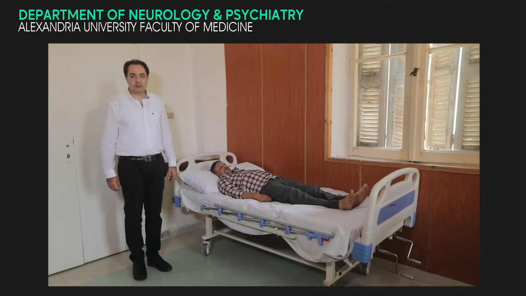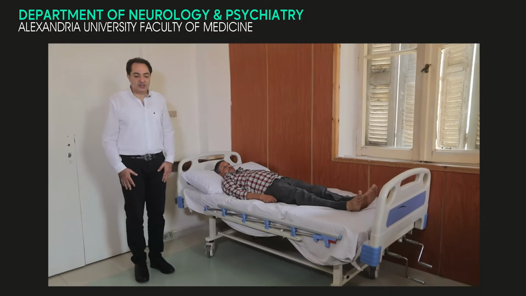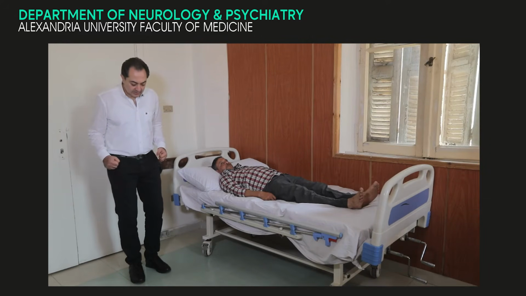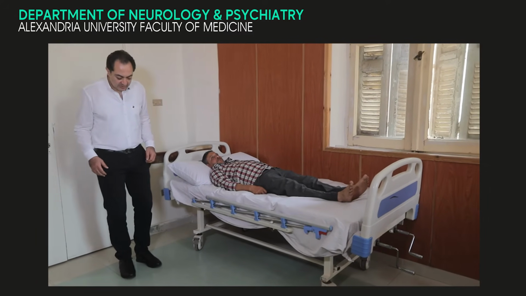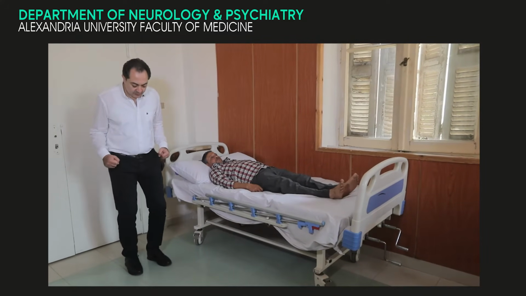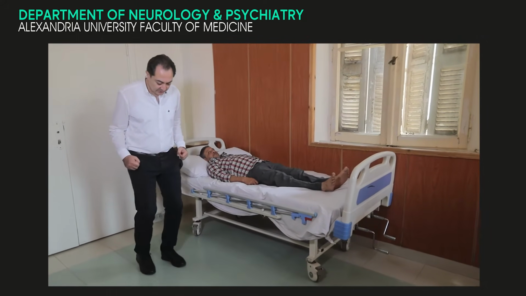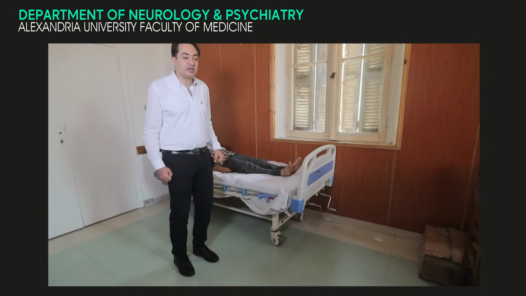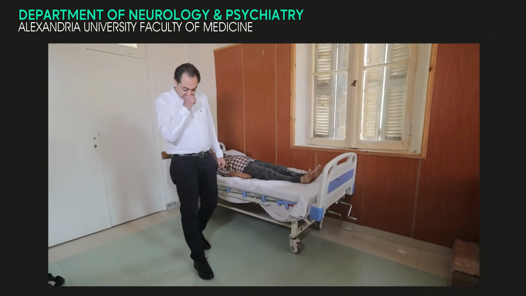Some Parkinsonian patients have rigidity in both upper and lower limbs and a flexed attitude, and because of the rigidity, they don't have a wide step, so they have short steps and shuffling gait, and this occurs with Parkinson disease.